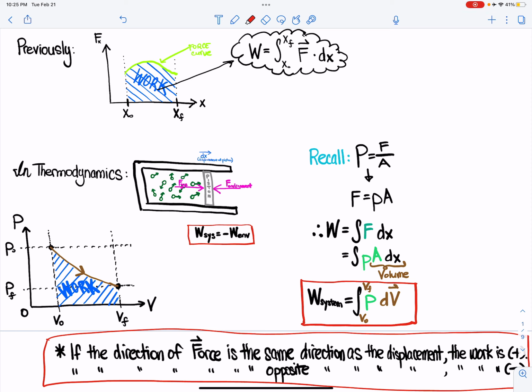What is the area we're talking about? In the case of a cylinder, this is a cylinder with a cross-sectional area, let's call it A. This cross-section is equal to A, which we have here.